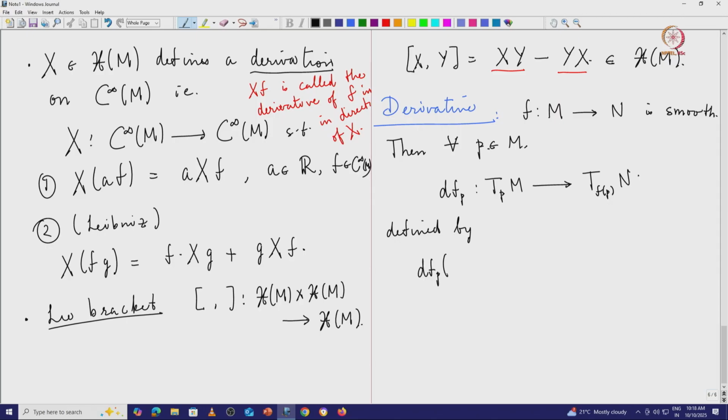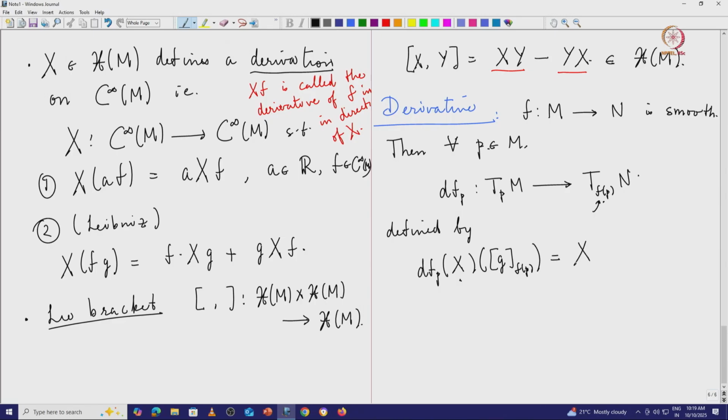And what is this map? So it takes a tangent vector. A tangent vector is a derivation on a germ. So df applied to X will be a derivation on the germs at f(p). So this acts on a germ at f(p). And what is the answer?